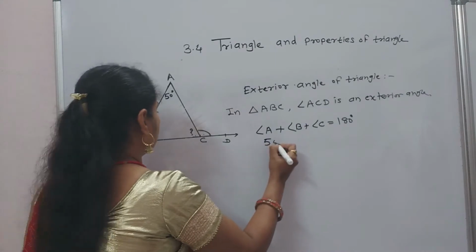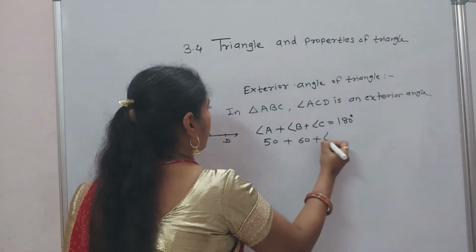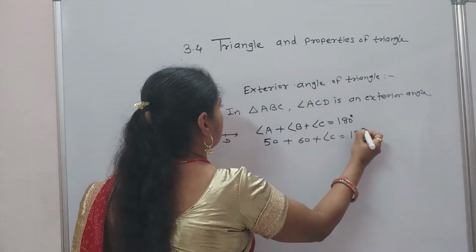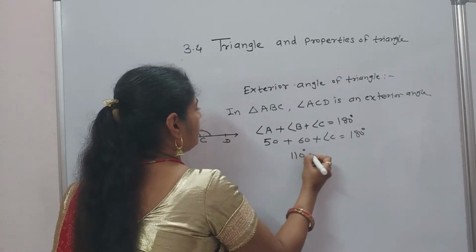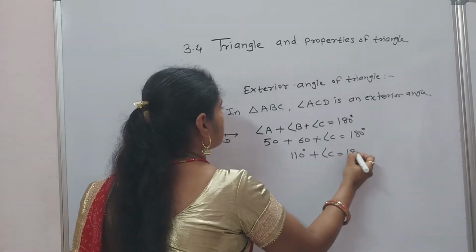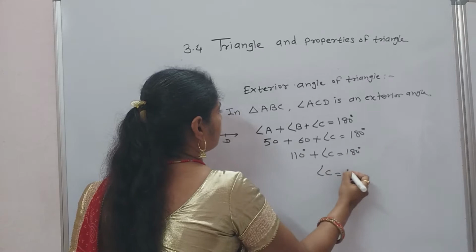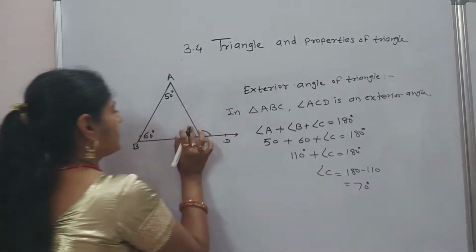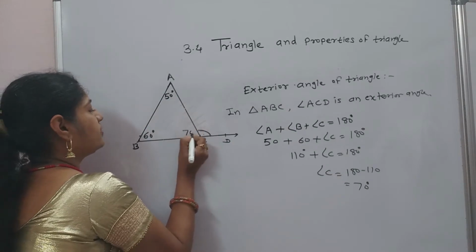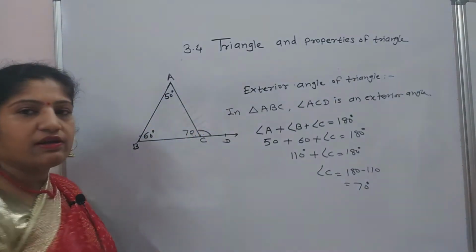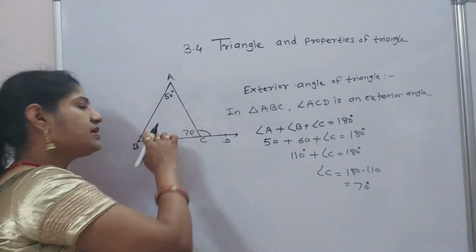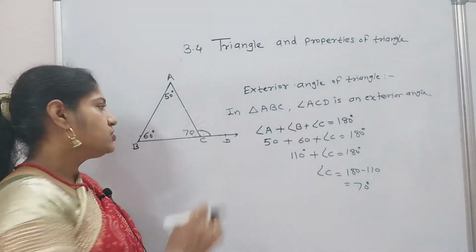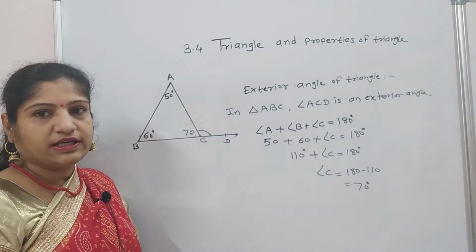A is 50, B is 60. So angle C equals 180 minus 110, that is 70. 50 plus 60 is 110, so the remaining angle C is 70 degrees.